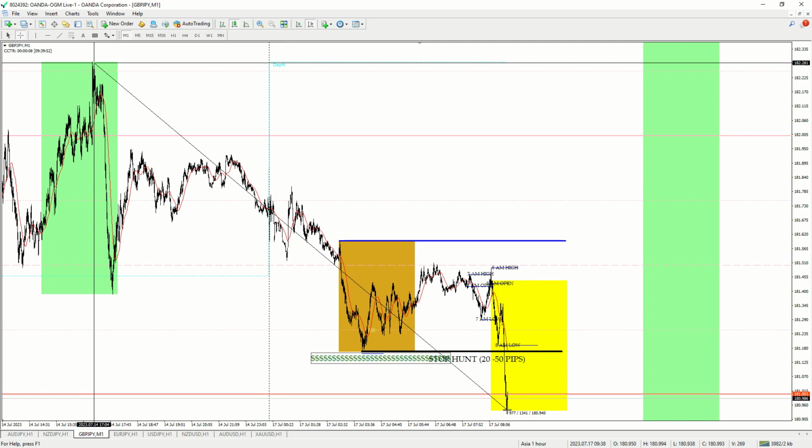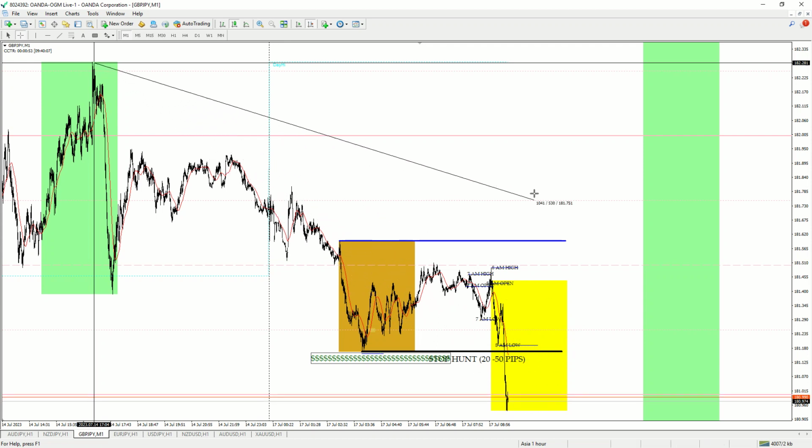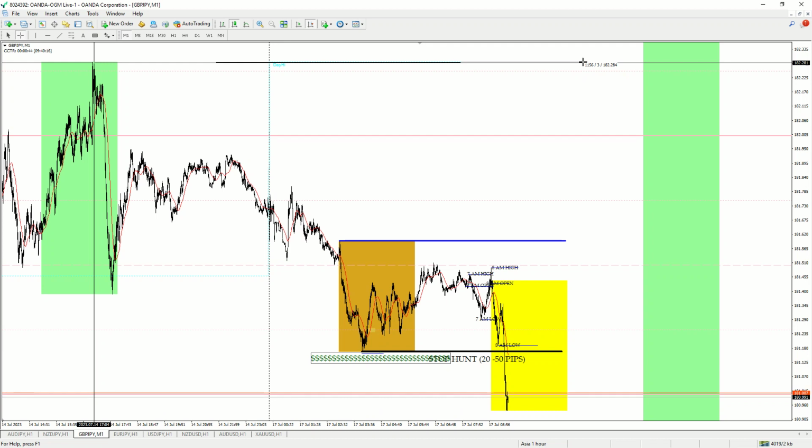If they fall 150 pips, that will give us a three level of 50, 50, 50. What does that tell you? That tells you that you will have at least an opportunity to take 100 and something pips if you are taking it back to the high. I'm not saying it's going to go back to the high, but based on my thesis, I want to take it back to the high.